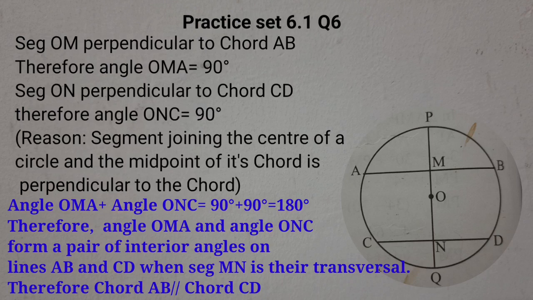Here also the same thing happens. Angle OMA and angle ONC form a pair of interior angles on lines AB and CD when segment MN is their transversal. Therefore, we can say that chord AB is parallel to chord CD by the interior angles test.